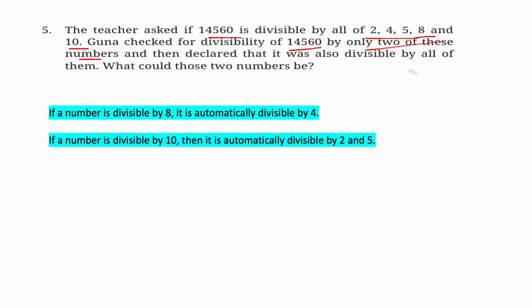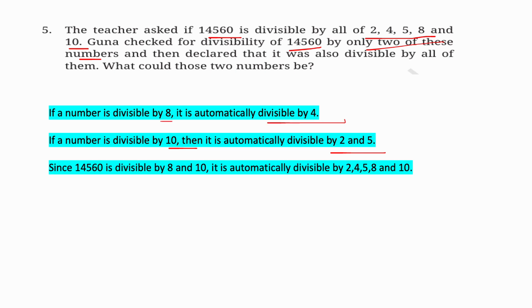If a number is divisible by 10, then it is automatically divisible by 2 and 5. So since 14,560 is divisible by 8 and 10, it is automatically divisible by 2, 4, 5, 8 and 10.